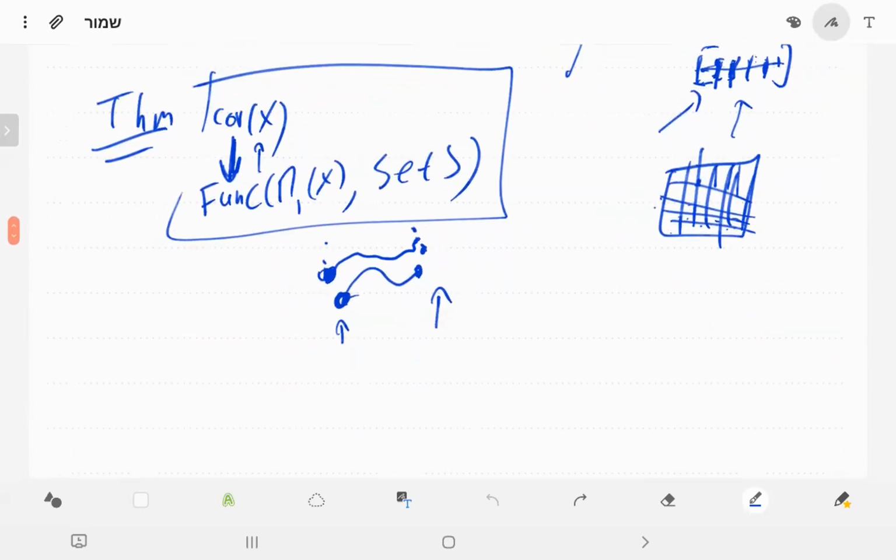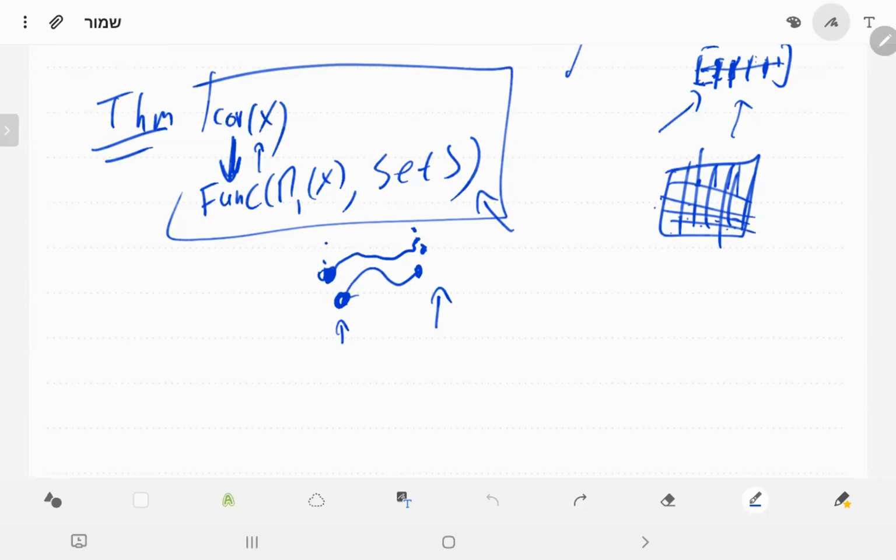Yeah, so the statement that this functor is an equivalence of categories is a bit more complicated because it actually includes the notion of universal covering. So for the universal covering, you start with some specific functor here.